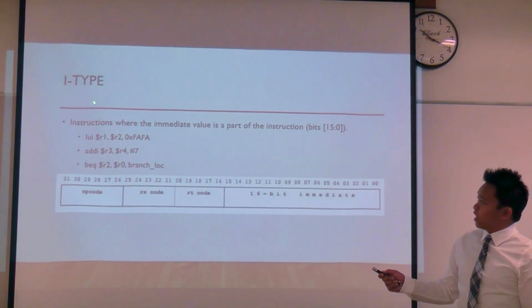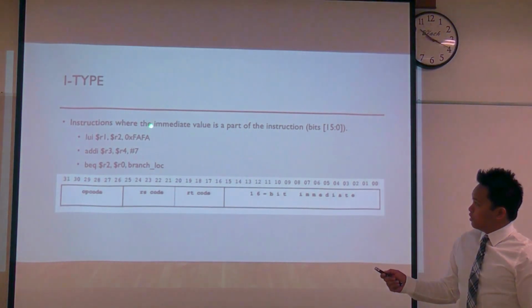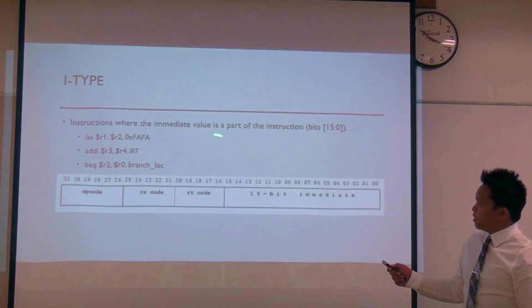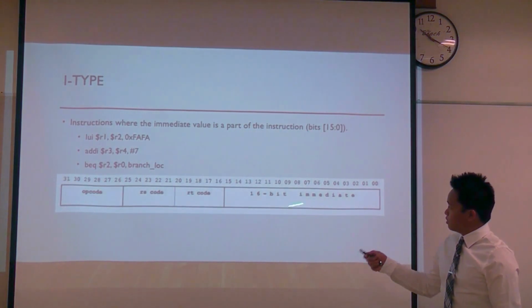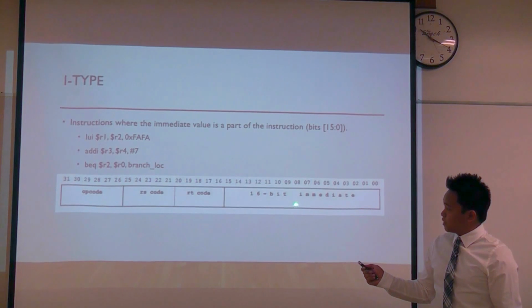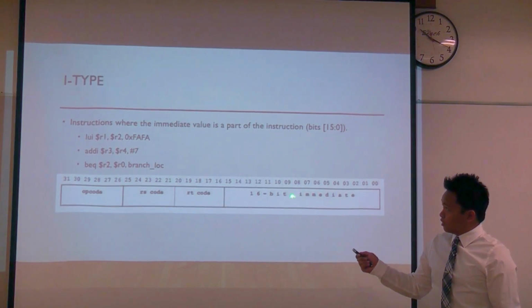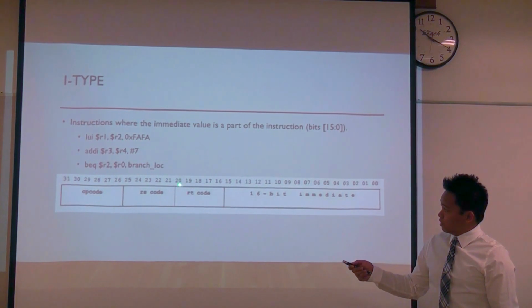Next, we have our I-type instructions. The I-type instructions are when the immediate value is part of the instruction in bits 15 through 0. So we have a 16-bit immediate offset included in the instruction. R2 is encoded in the RS field. R1 is encoded in the RT field.